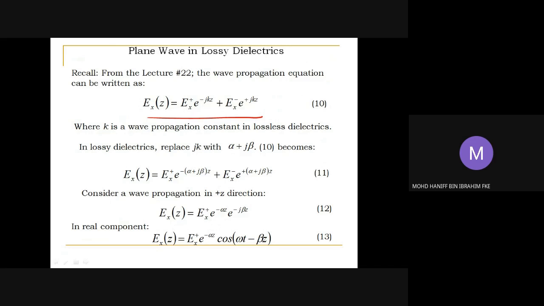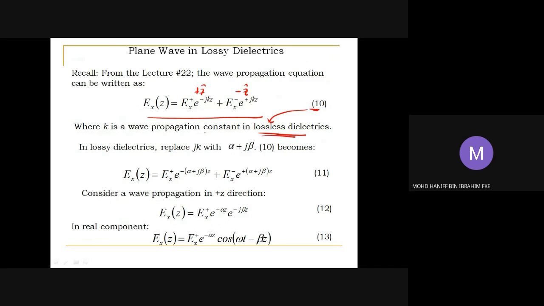This is the wave in the positive z direction, and this is the wave in the negative z direction. So what we have to do now is substitute jk, because remember that equation number 10 is based on the wave equation using k there. So this is for the case of lossless medium.